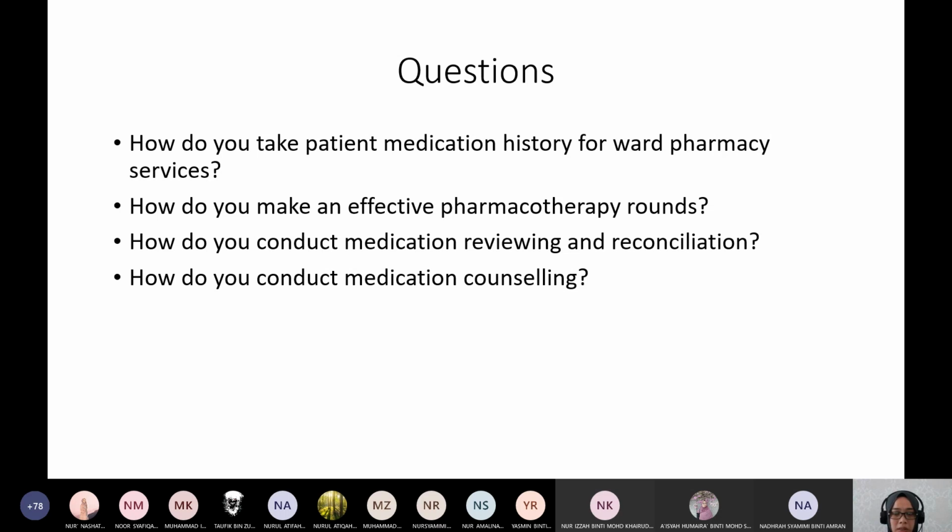Inpatient pharmacists don't know because they don't go for the ward round. But clinical pharmacists go to the ward, interview, observe, and follow each of their patients. So they know the progress and any changes that happen to the patients.